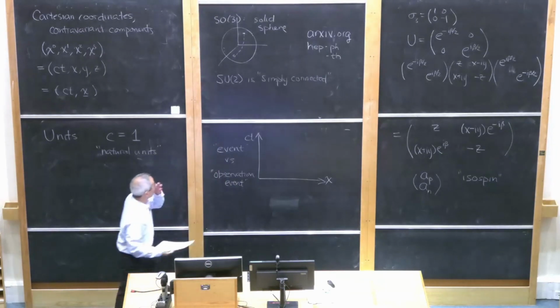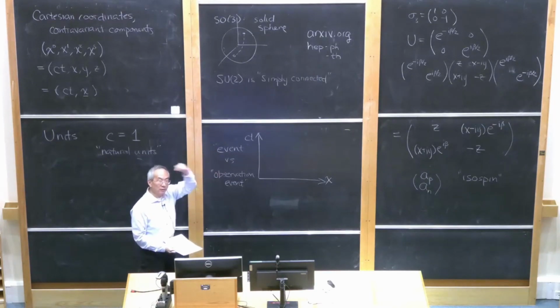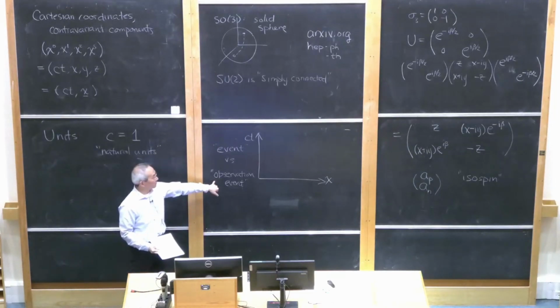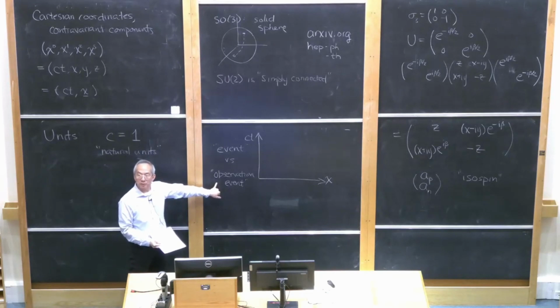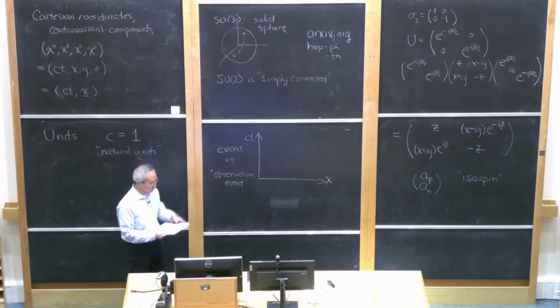An event, as 4 coordinates, is just the coordinates that you infer for the event. You may not actually have gotten a signal from it at that point. The point at which you realize that something happened would be a separate event, because you're probably separated in both space and time from the original event. So it's helpful to remember that these two things are different.